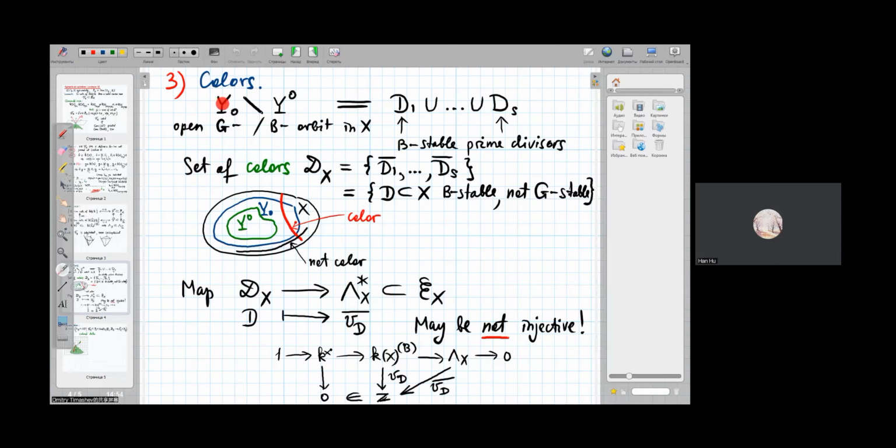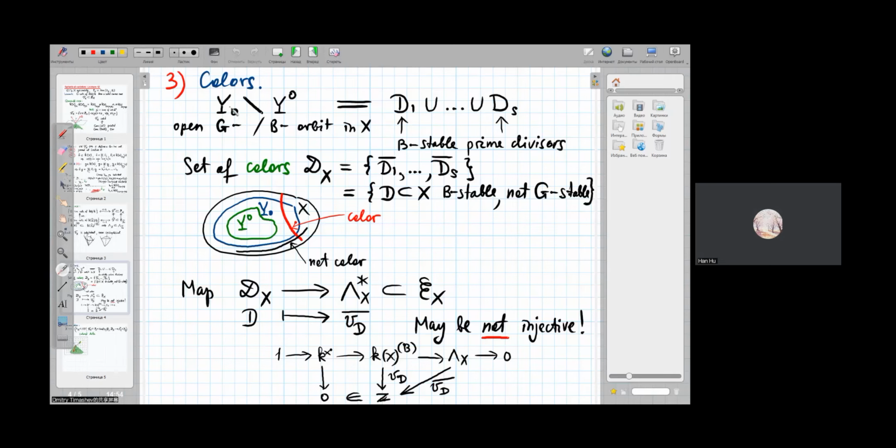But maybe it partially answers your question. So far, we do not compare color data corresponding to different spherical homogeneous spaces. We fix one and the same spherical homogeneous space, and we study color data for this homogeneous space and all spherical varieties which are embeddings of this given homogeneous space.